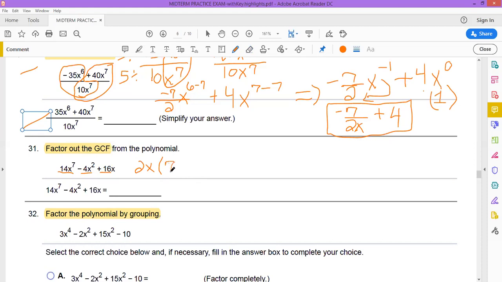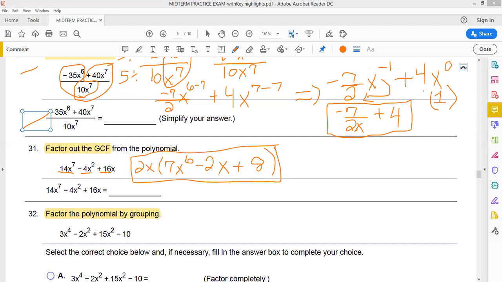That will be 7x to the 6th. Why? Because we factored out one of the x terms, leaving 6. Minus, what do I multiply 2x by to get 4x squared? That would be 2x. And then plus, what do we multiply 2x by to get 16x? That's just 8. All right, and that will be our solution.